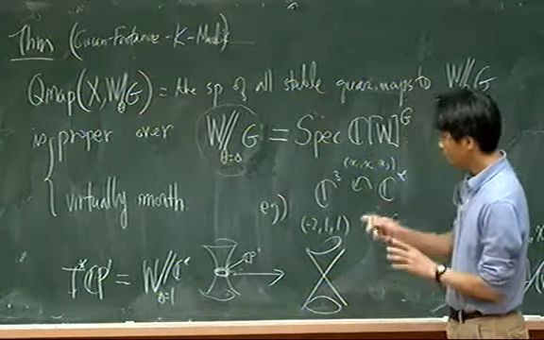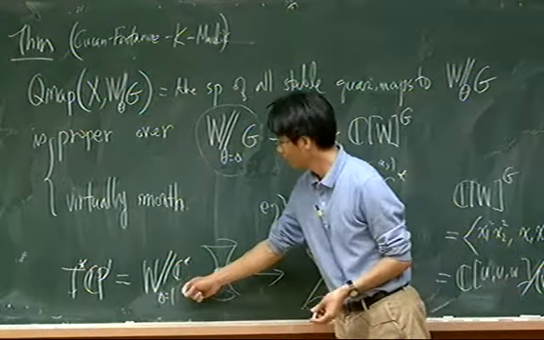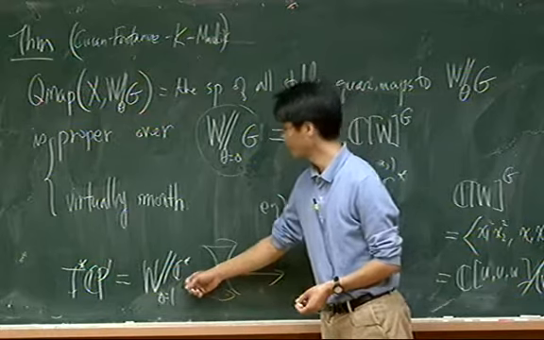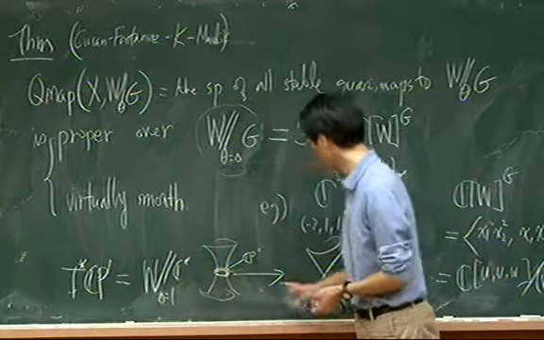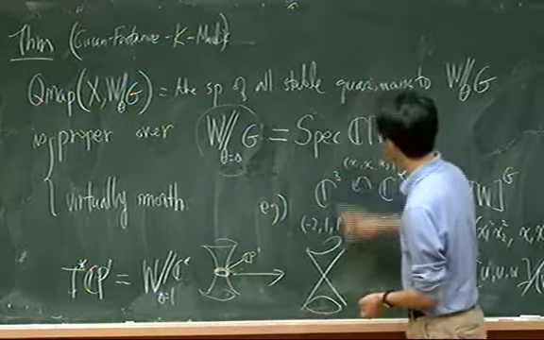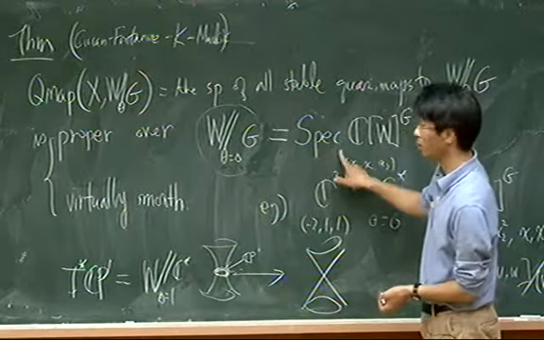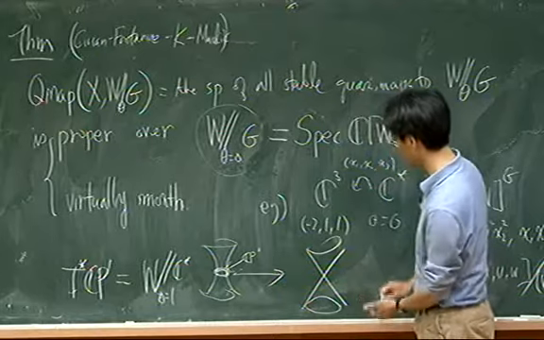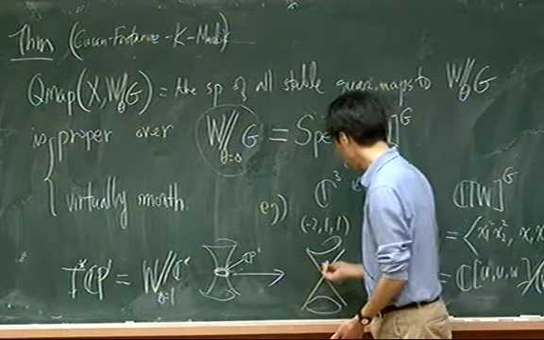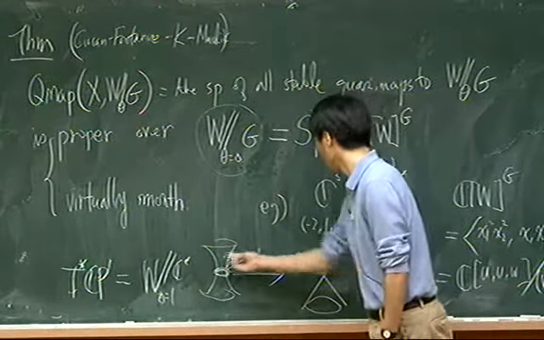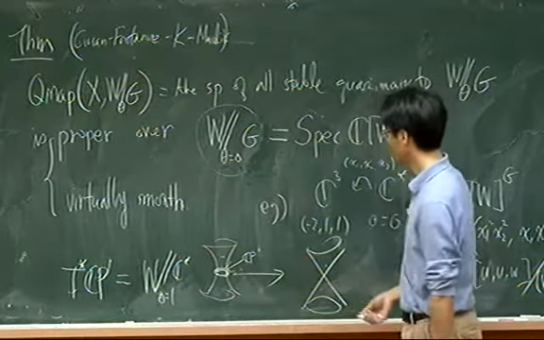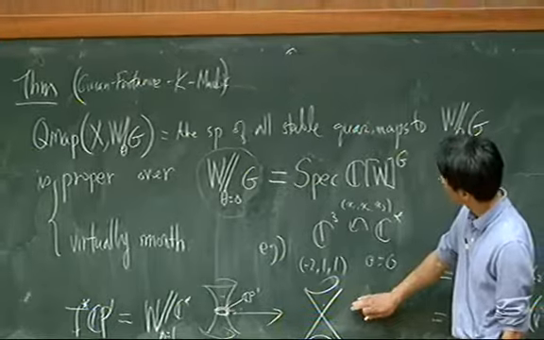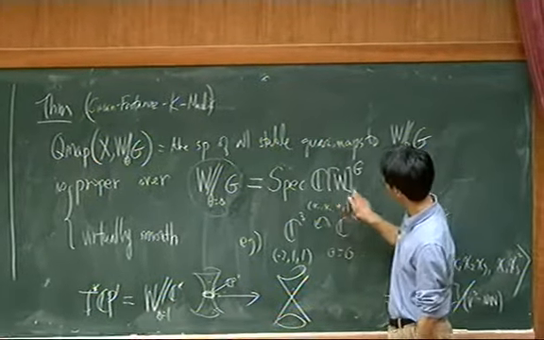In general this may not be compact, but it's always going to be compact over the affine quotient. Like in this picture, every fiber is compact, so this variety is proper over that affine quotient.